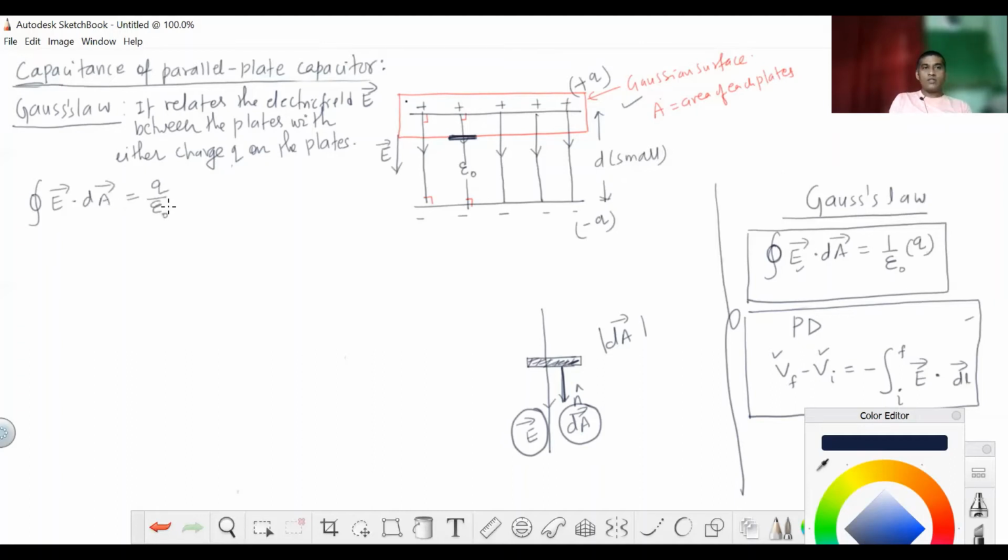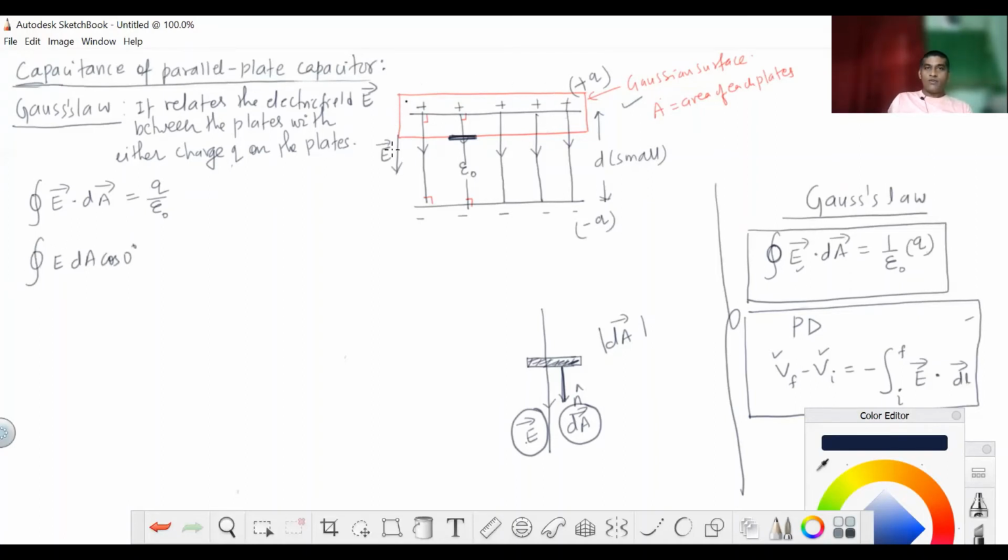So we have this. This is an elemental area of the Gaussian surface. As I said earlier, electric field and area vector are acting along the same direction, so the angle between them is 0 degree. For that reason, we can write E dA cos 0 degree, and we have integration throughout the closed surface.